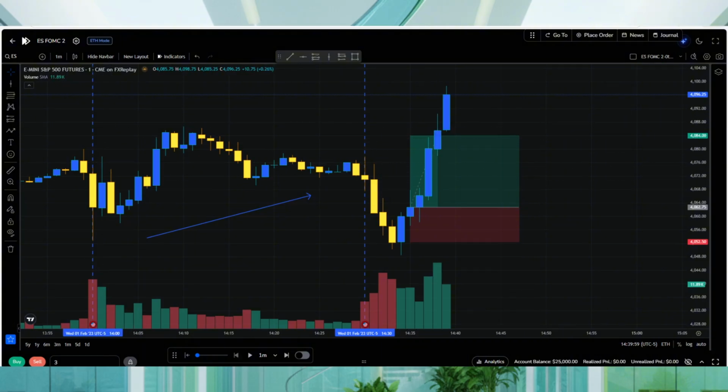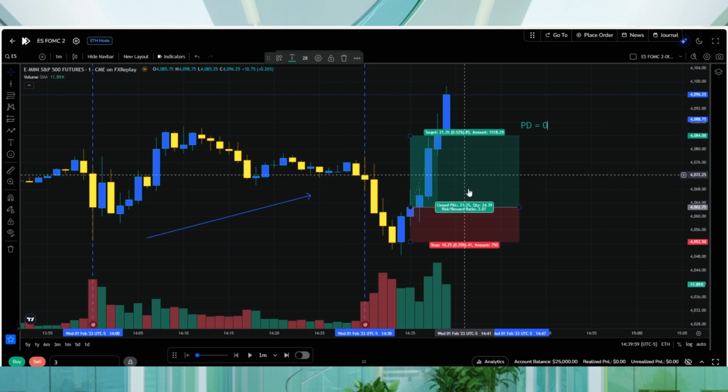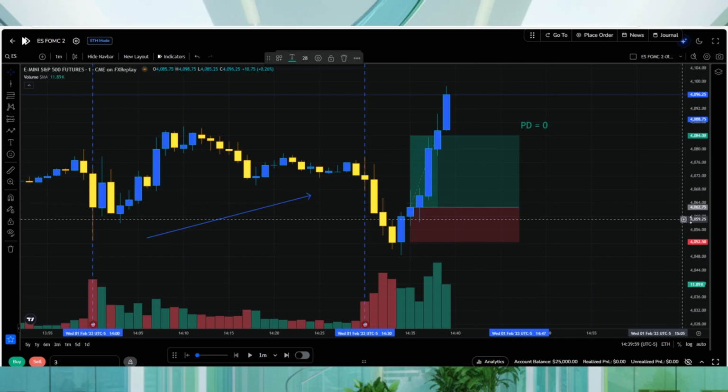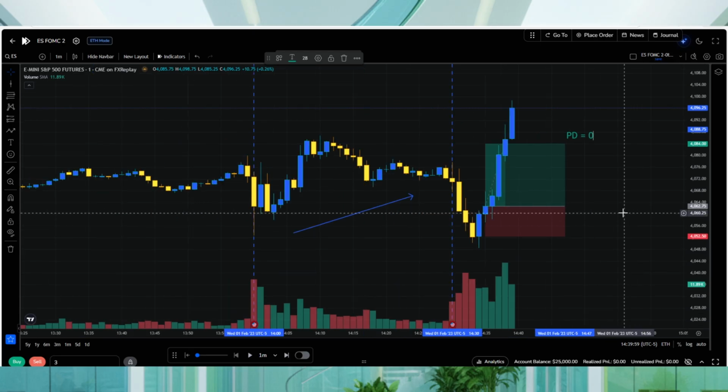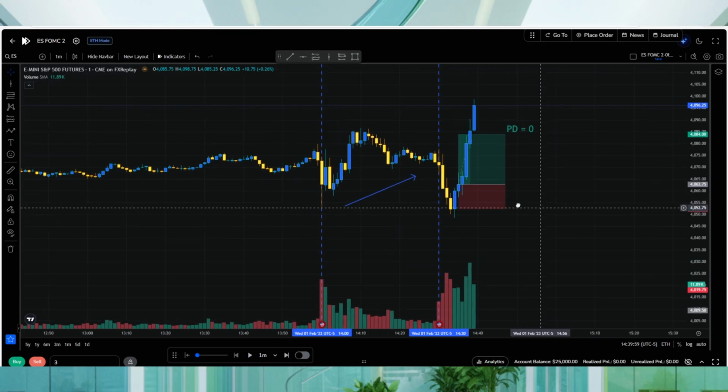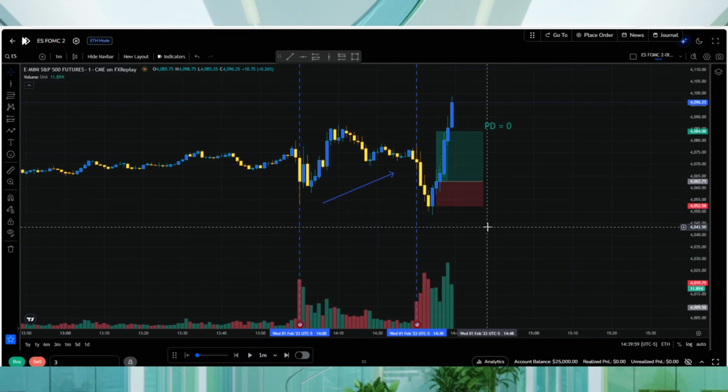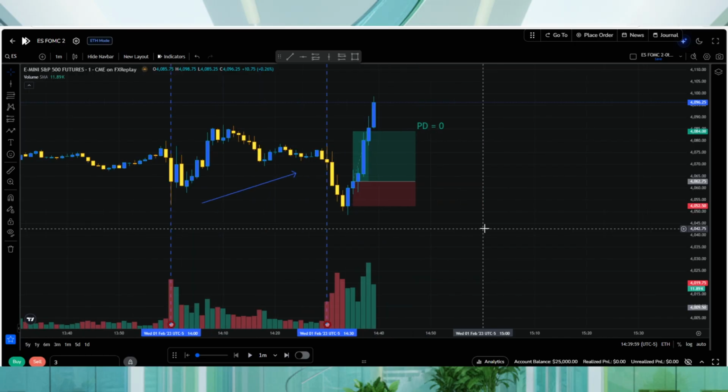So now our PD, our points delta equals 0 because I took 21 points of loss in my last day, and then we're taking 21 points of profit today. And we'll move on to the next case.